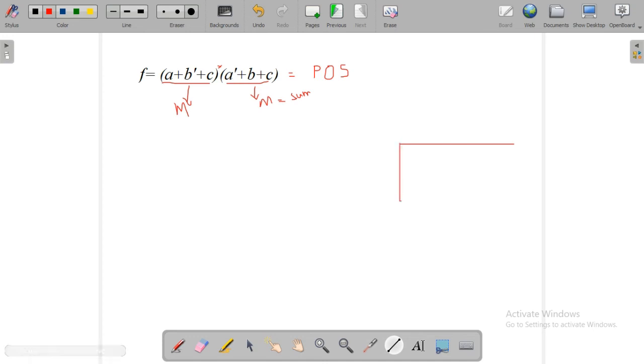A is only one variable on this side, and B, C are 0 0, 0 1, 1 1, 1 0. These things you know well.